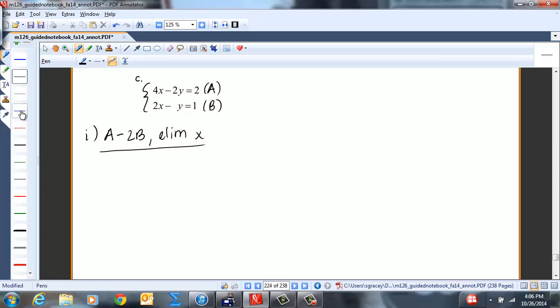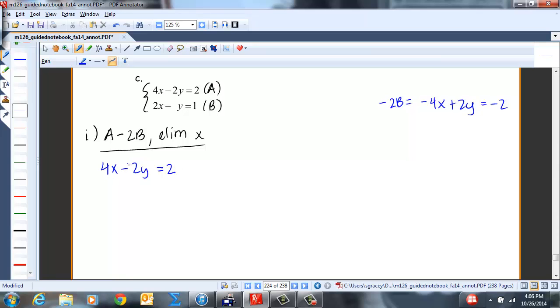So what are we going to have? Negative 2 times B is negative 4x plus 2y is equal to negative 2. So the first one we left alone.